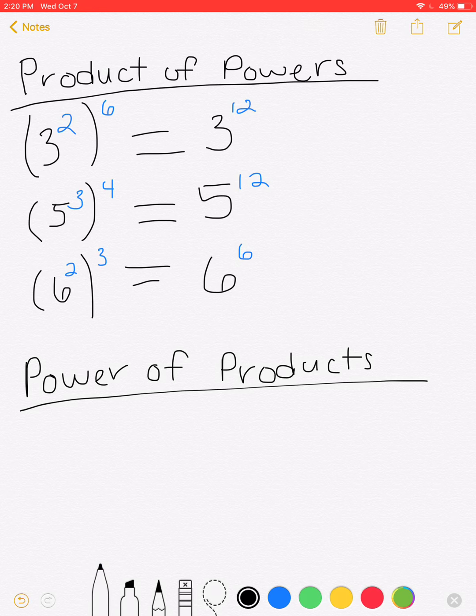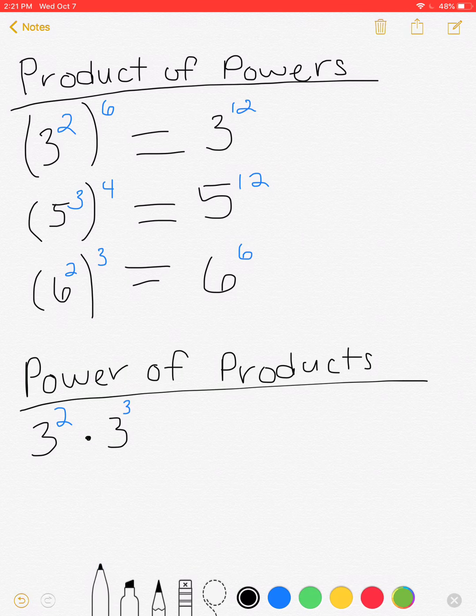So the power of products, which is the other way around, is going to look a little bit different, but shouldn't be super difficult. If you start with an equation, for example, 3 to the 2nd power times, or multiplying because we've got products in here, 3 to the 3rd power.